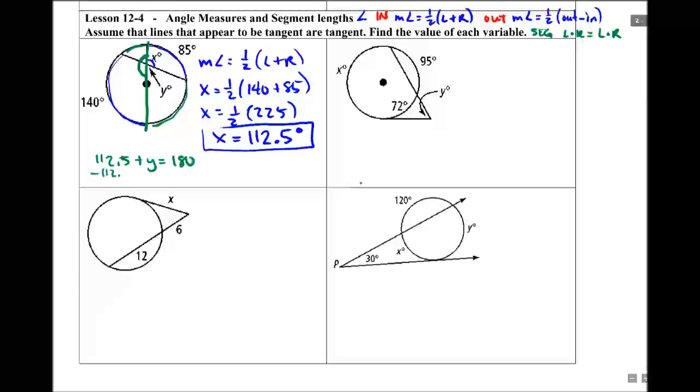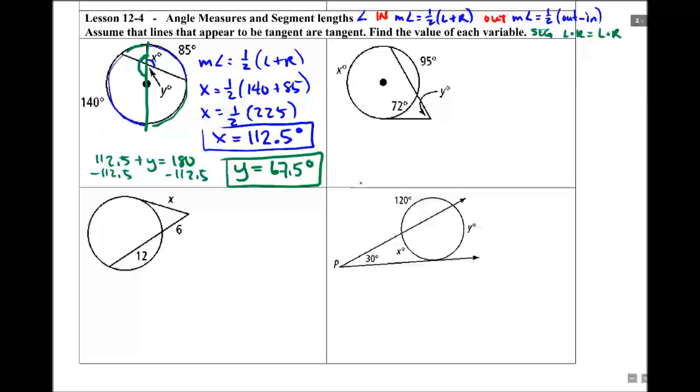If I subtract 112.5 from both sides, I get y equals 67.5 degrees. That was easy. All right. Okay, where's the next one?